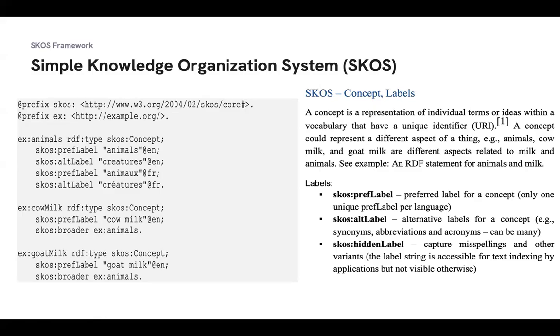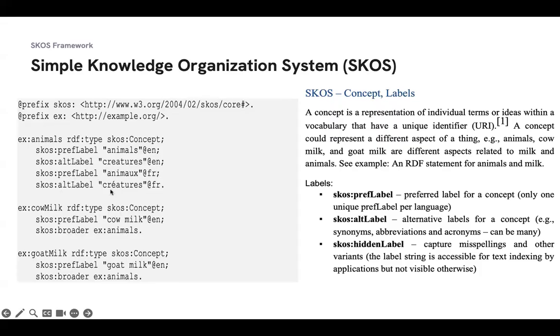So here in this case, English, and for animal, I think "animaux" is how they say it in French. The alternate label for creatures is also like that. So we're saying for the concept of animal in this example, the preferred label is animal, and the alternate label is creature, meaning animal and creature can be interchanged.